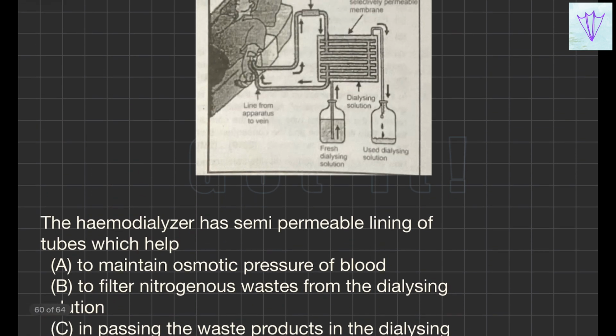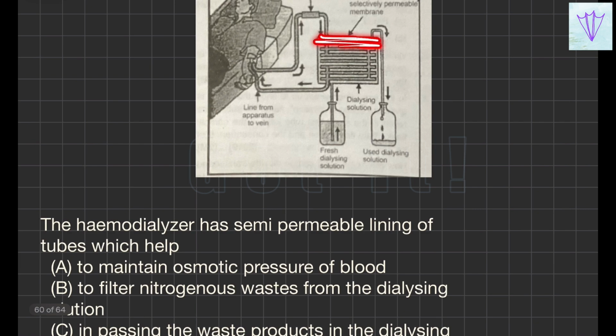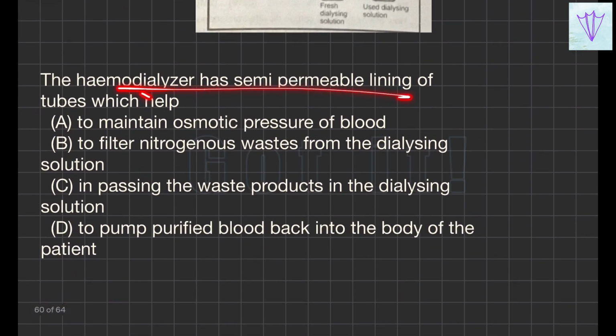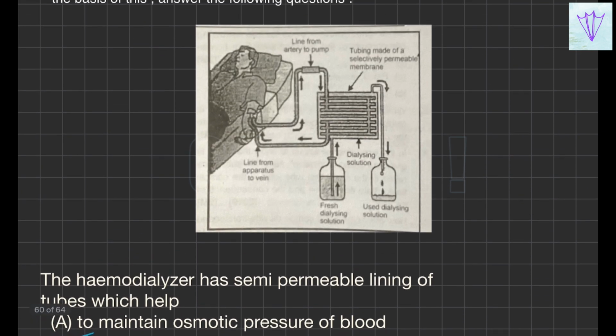So why is there a semi-permeable membrane tube? That is what they are asking in this question. It is very simple. Why is it there? Because it has to filter the nitrogenous waste from the dialyzing solution. That is the reason why we have the semi-permeable membrane.